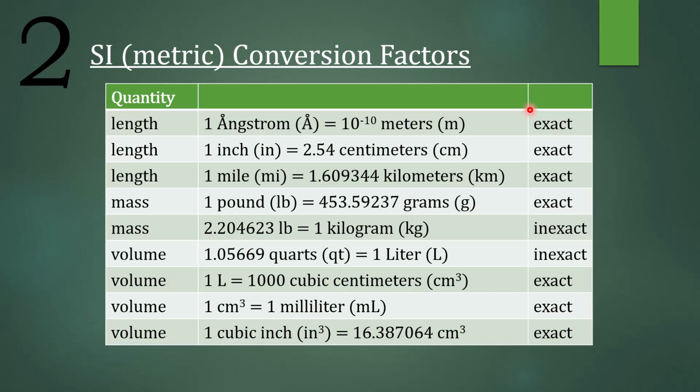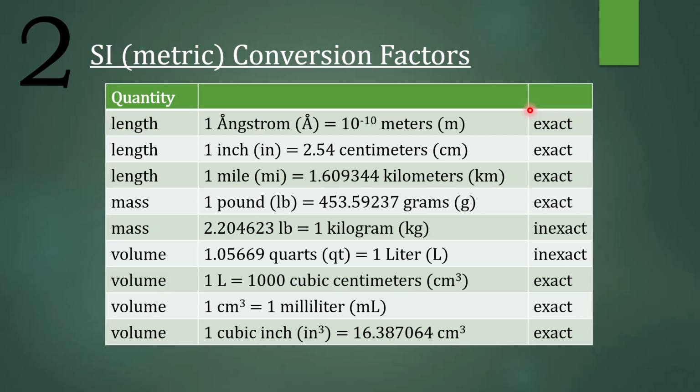Exact means these conversion factors have an infinite number of significant figures. I've made a couple of videos on significant figures. If you haven't seen those, it might be worthwhile to go back and take a look. If you're using these conversion factors in a calculation, they can certainly impact the number of significant figures you have in your final answer.